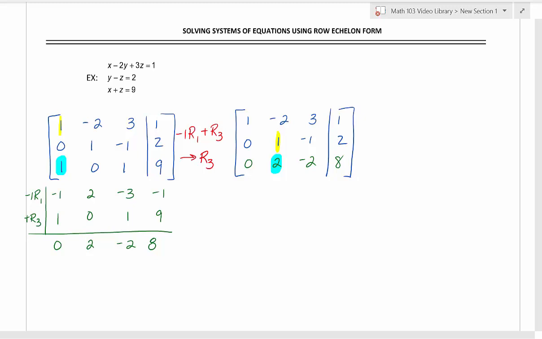We ask ourselves, what do I have to add to 2 to make it 0? -2, that's our multiplier. This time, the leading 1 in this column is located in row 2. So we'll be multiplying row 2 by that -2. We'll add it to the row that we want to change, which is row 3, and that will be our new row 3.